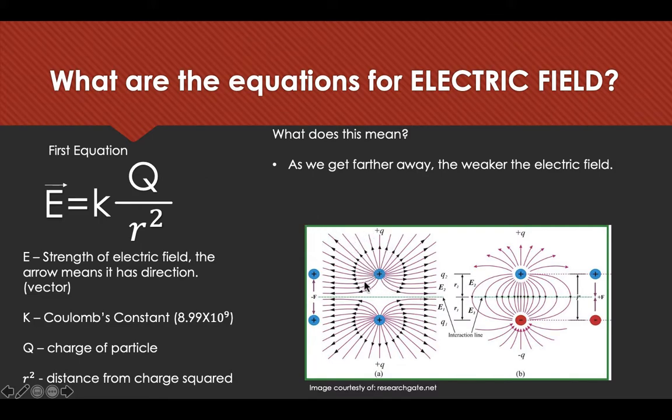If we're trying to find the electric field for this positively charged object, it would be the charge of this positively charged object and then the radius, that distance right there if we're finding the electric field at this point. This helps us understand that as we get farther away from an electric field, there will be less of a force, less strong electric field.